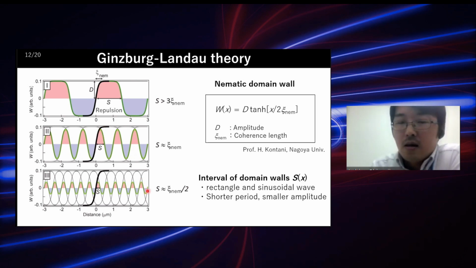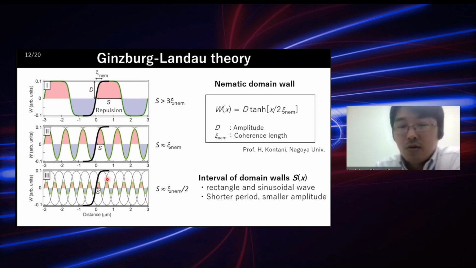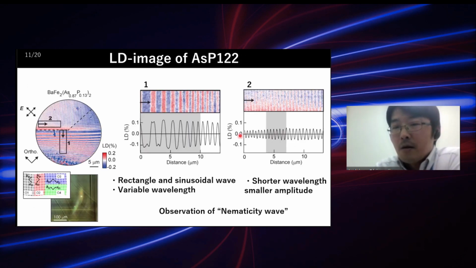And finally, if we have a smaller S, the sinusoidal wave will have a very small amplitude. So by using this model, we can explain such complicated position dependence of the nematicity wave.